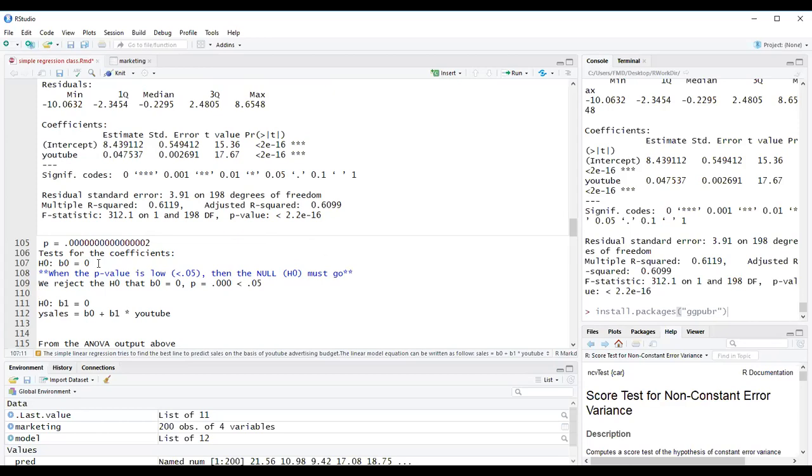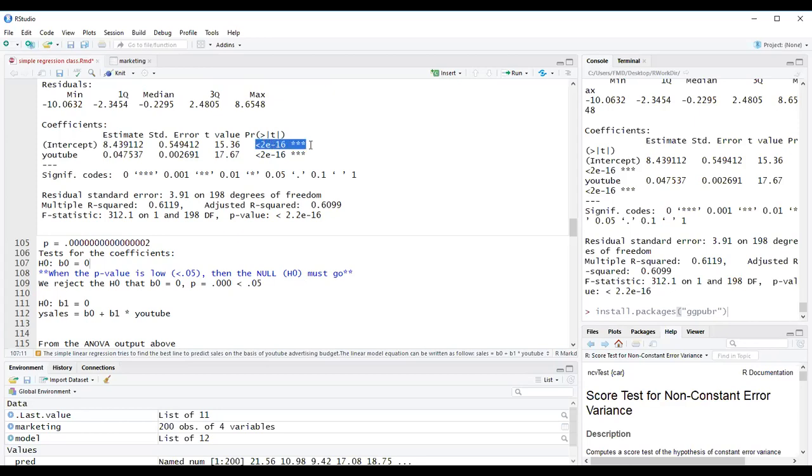Now, how do you determine whether this hypothesis will be rejected or will not be rejected? We look at the p-value, or the t-value can be, but you have to know the t-critical value.